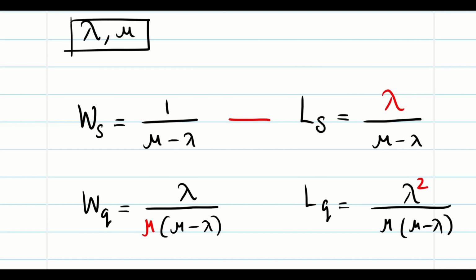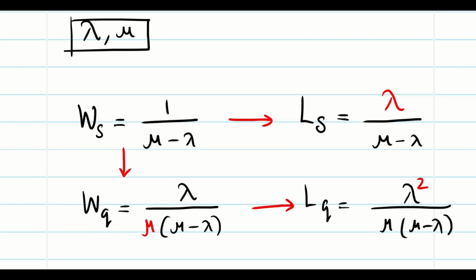So if you remember WS, multiplication by lambda will give you LS. Multiplication by lambda by mu will give you WQ. And from WQ, if you multiply by one lambda, you will get lambda square. Hope you understand. So this is very easy for us to remember.